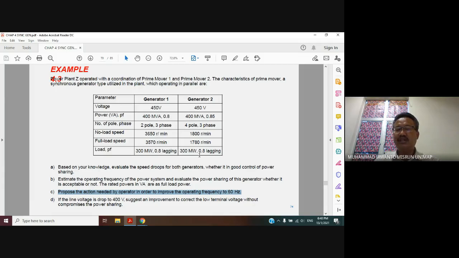After that, if we want to adjust the frequency to 60 hertz, what should be done by the operator? And then, if the line voltage drops to 450 volt, line to line, suggest an improvement to correct the low terminal voltage without compromising the power sharing.